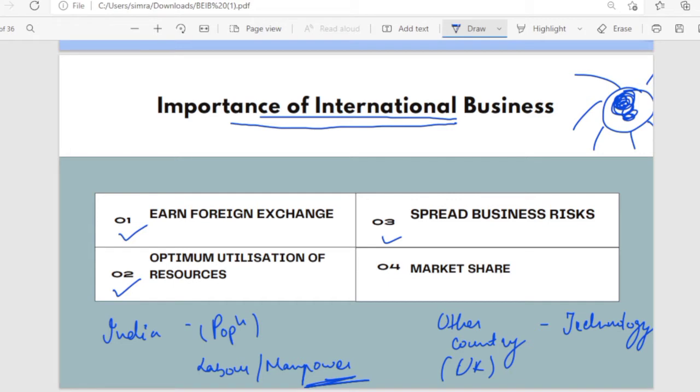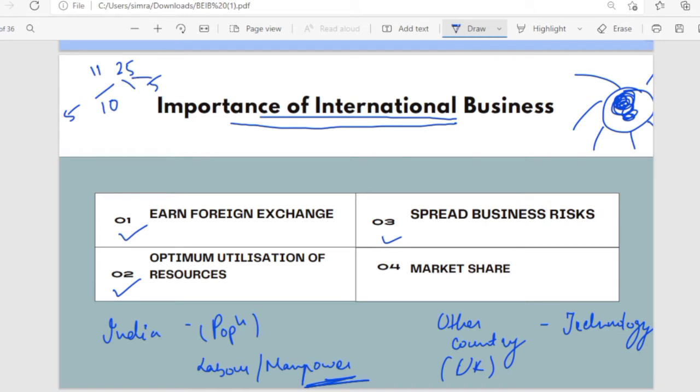So this is known as spreading the business risk. Suppose there is a team of 11 and there are some other people also, so suppose there are 25 people, so what they'll do, they'll send 5 in a different plane, 10 in a different one, 5 in a different one, like that they are going to separate it.